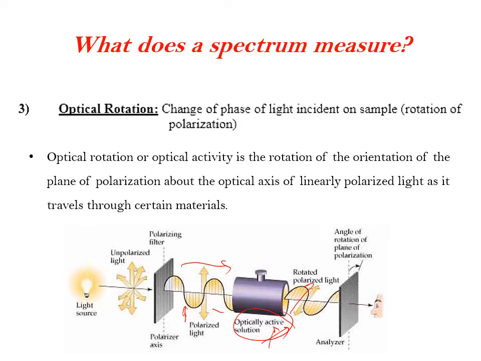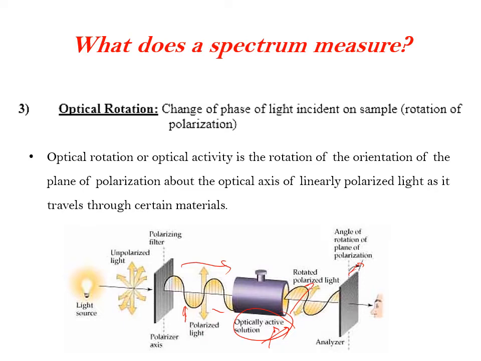So polarimetry, which uses polarimeters, measures the degree of rotation of the polarized light as it passes through an optically active material. Using polarimetry, we can measure the degree of polarization on the detector side.